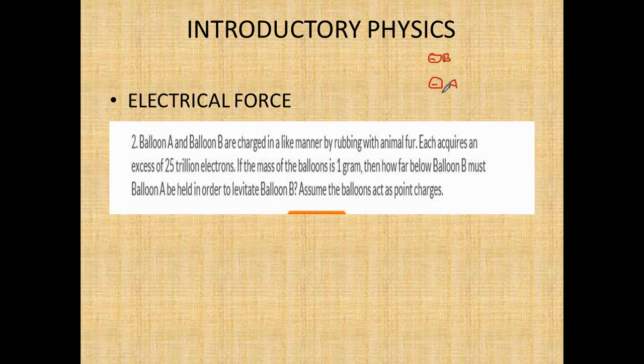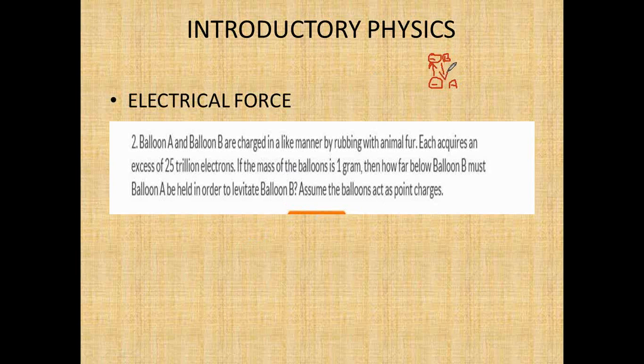Someone is going to hold this balloon right here. It has a negative charge, so it's going to push away balloon B. So balloon B is going to be pushed upwards. The electrical force is going to push upwards on balloon B. But balloon B has a weight, so it has a force due to gravity, which is pulling it downwards.